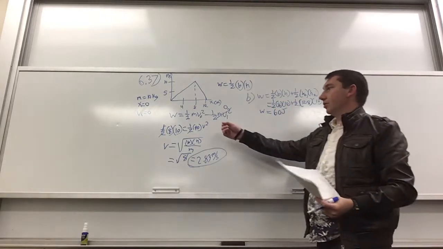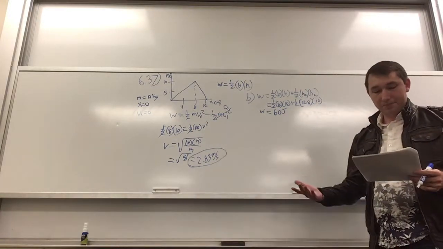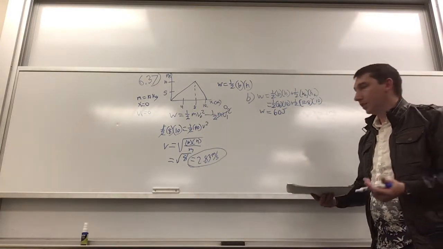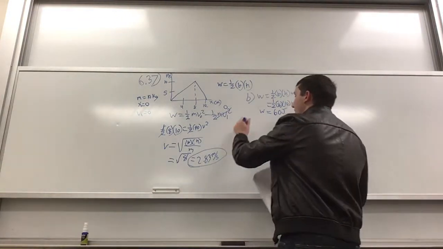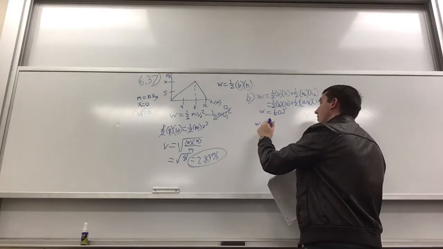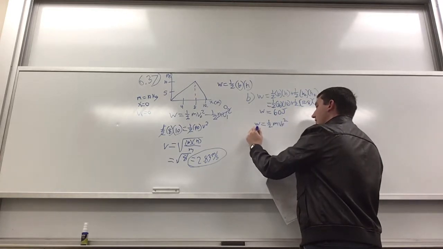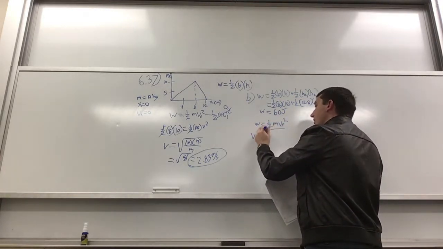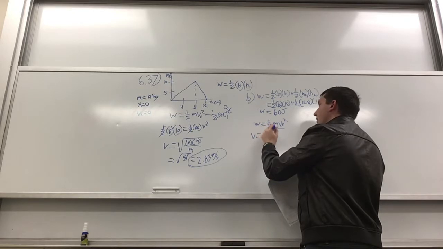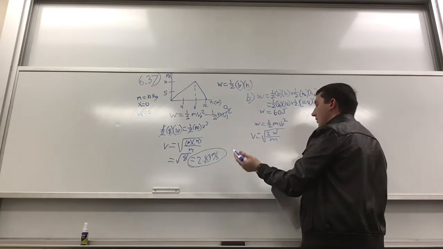We can then use this same formula to find the velocity. So work is going to be equal to 1/2 mass times the final velocity squared. So velocity is going to be equal to the square root of 2 times the work divided by the mass.